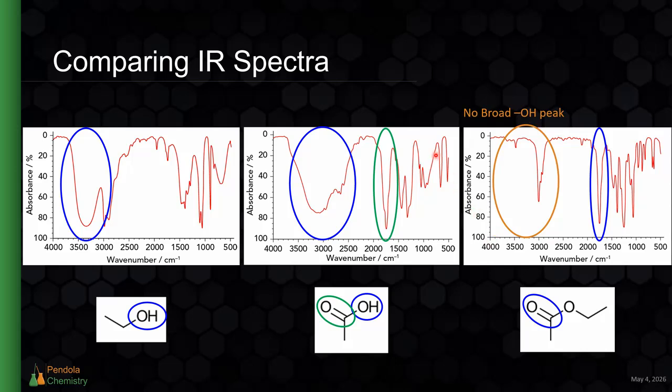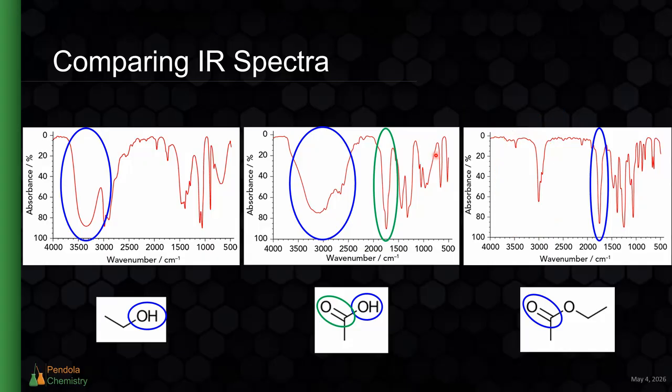This is a lot of what you get asked on the AICE exam, is to look at these peaks and to essentially compare different spectra, different compounds, and assign them spectra. So it's a kind of mix and match. And we're mainly looking for just these two peaks.